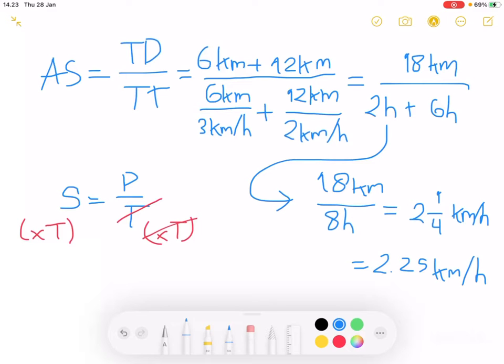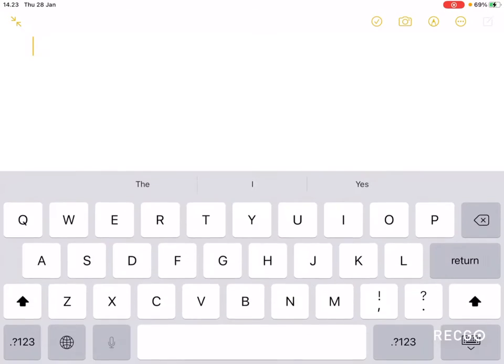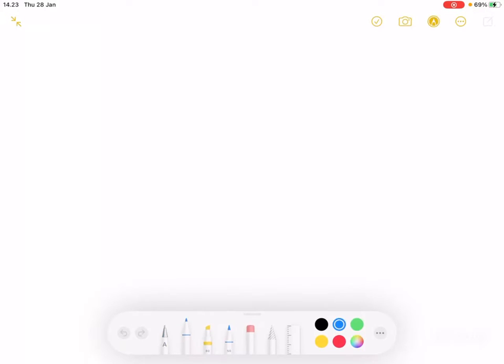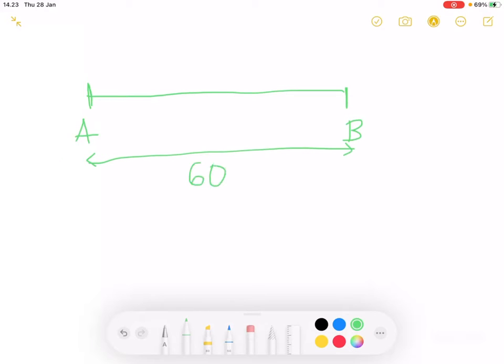Let's do another example. Let's say the distance between building A and building B is 60 kilometers.